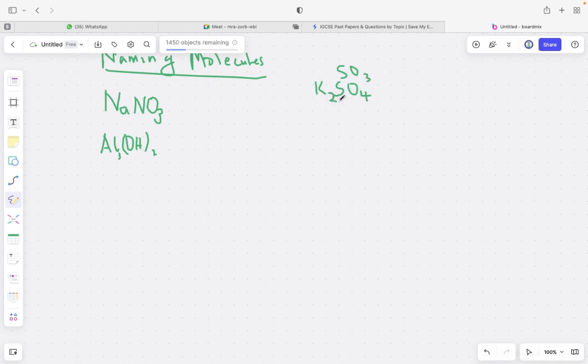Nitrate is NO3, so with barium nitrate, there's barium, nitrogen and oxygen. Sodium nitrate, there's sodium, nitrogen and oxygen. So if you give a compound, from the name you can tell the elements that compound is made up of. Okay, so it is easy for us to detect the elements.